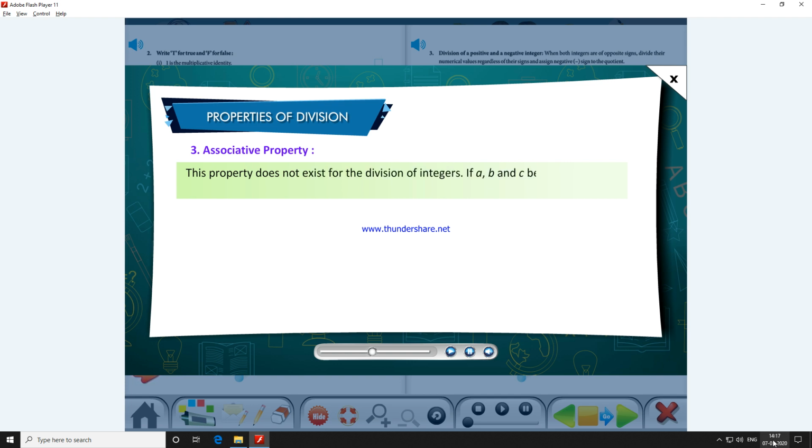3. Associative property. This property does not exist for the division of integers. If a, b and c be three integers, then a divided by (b divided by c) is not equal to (a divided by b) divided by c. For example, let 20, minus 10 and 2 be three integers.